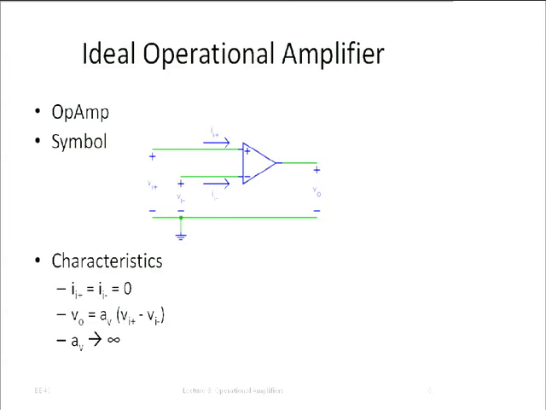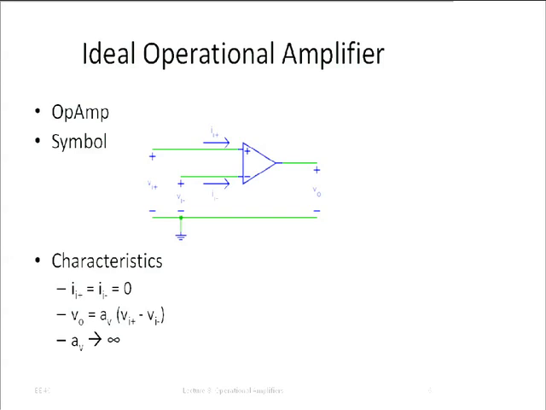And now comes the thing that is maybe most puzzling. What is the gain of this operational amplifier? Infinite. Okay? So when we go and buy one of these operational amplifiers, we get a thing that has infinite gain. Now again, in practice, it's not going to be infinite, but pretty darn close, like 1 million or so.